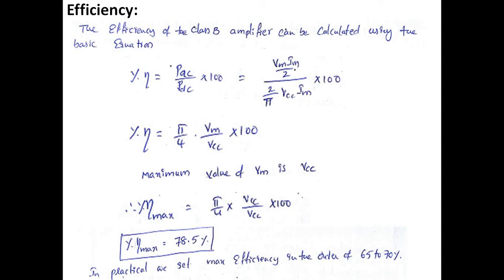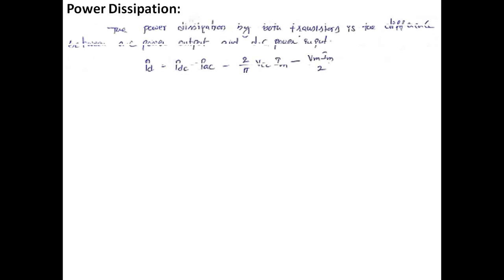Now let us move on to the calculation of the power dissipation. We have the power dissipation in both the transistors. We need to take the difference between the AC power output and the DC power output, because we are using both the transistors. Now the power dissipation in the circuit is given by PD is equal to PDC minus PAC.